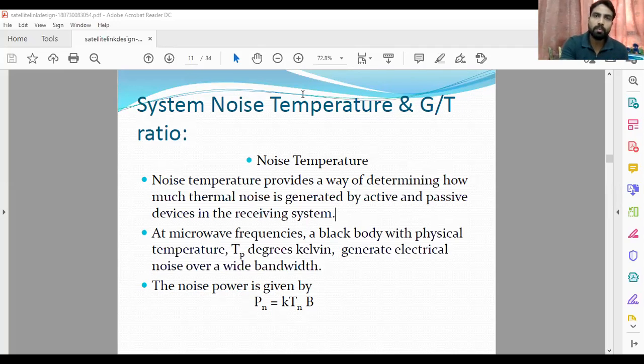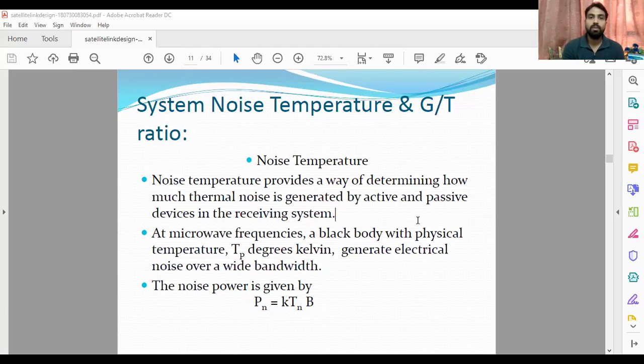The receiver at the satellite, or the receiver at the ground station, in both conditions might receive not only the signal but other nearby signals too. That is a possibility, and to avoid this chance, we are working to read out this noise.